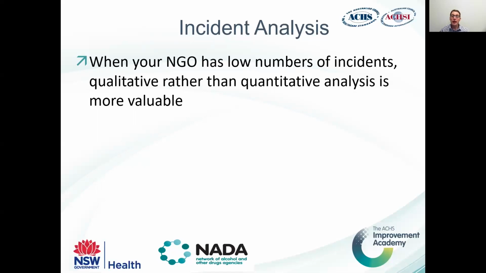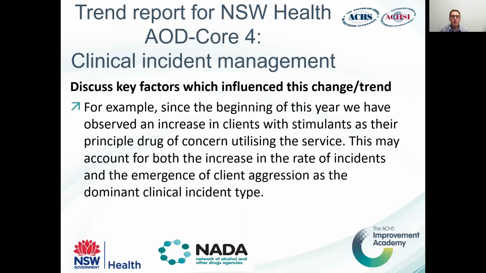And there's a couple of good examples on the website for the core incident management principles. This one is one that I've directly lifted off the website, that says discuss the key factors which influence this change or trend.